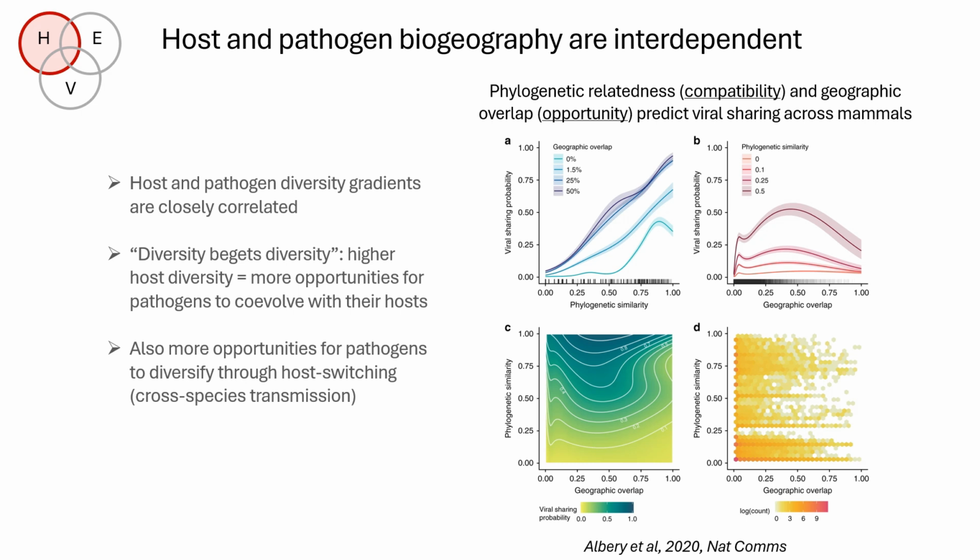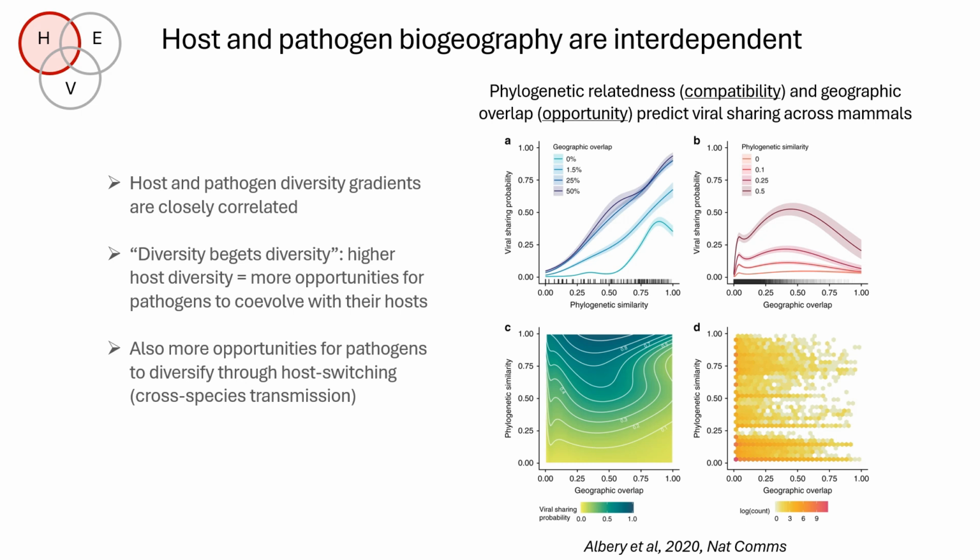So this is a really nice paper by my colleague Greg Albury from a few years ago, showing that the likelihood that any pair of mammals will share viruses is determined by their phylogenetic similarity, so how closely related they are, which is this top left graph here, and also their geographical overlap.